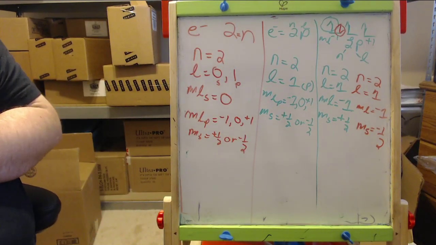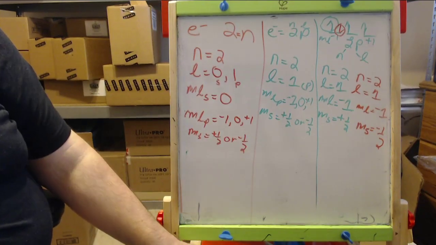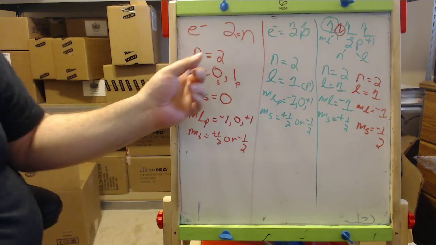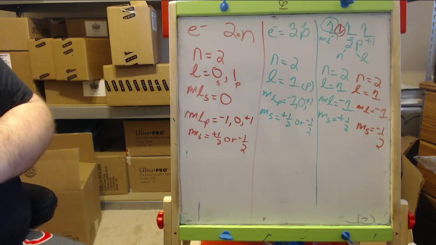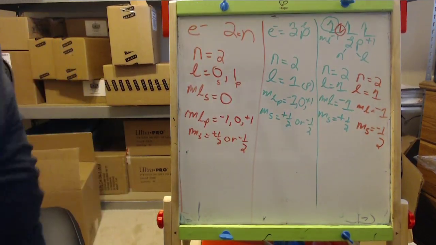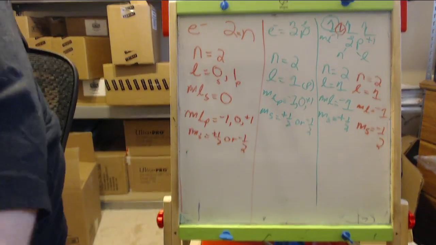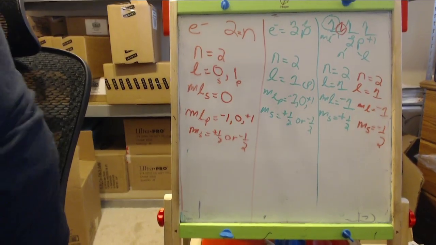So the question is, which one are they asking you for? Do they want you to be uber specific, or are they just giving you list all the quantum numbers for a general shell level? Okay, questions on this?